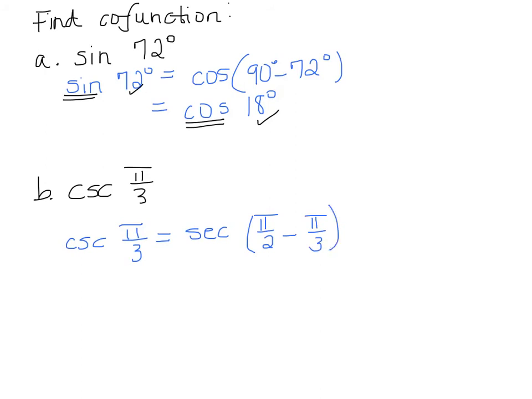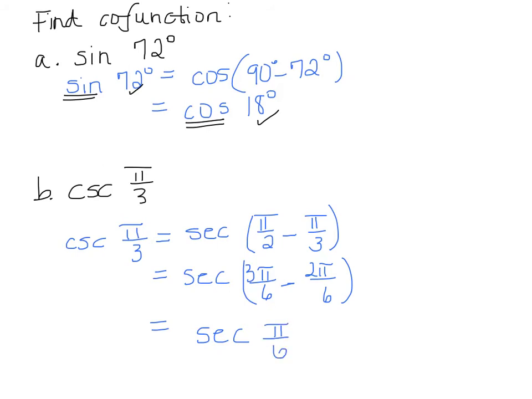Now, with the radians, you're going to have to get a common denominator. So the common denominator of 2 and 3 is 6. So this would be 3 pi over 6, and then this would be 2 pi over 6. And so by subtracting those, you're going to get secant of 1 pi over 6.